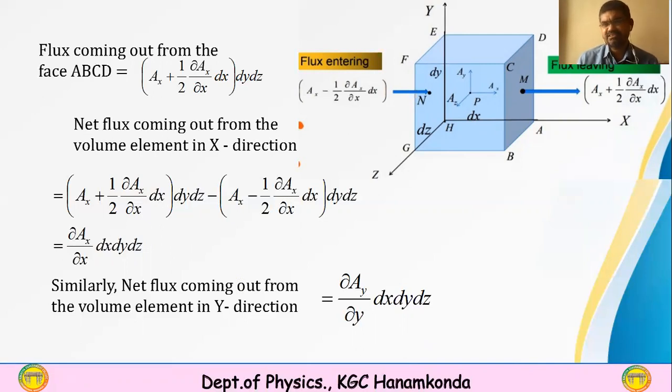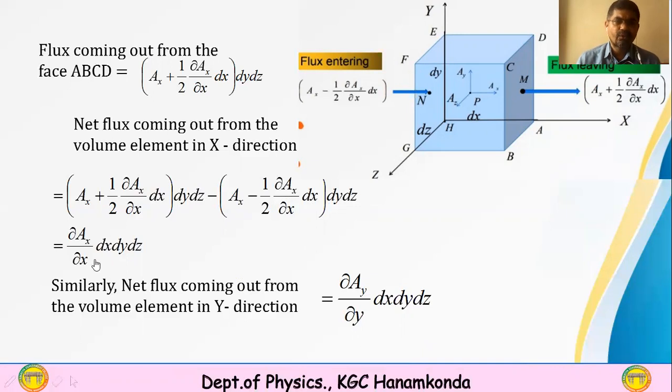This is the flux coming out from the ABCD face. Now, minus (Ax minus 1/2 ∂Ax/∂x dx) dy dz. This is the flux entering into the face EFGH. Here I am subtracting this entering flux from the flux coming out of ABCD.